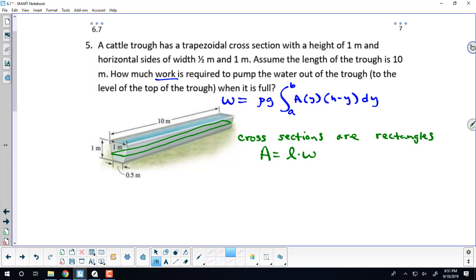One of those things varies, the other doesn't. What's always fixed with our rectangles? Whatever we call this dimension extending into the page, whether length or width, the 10 meters is fixed.